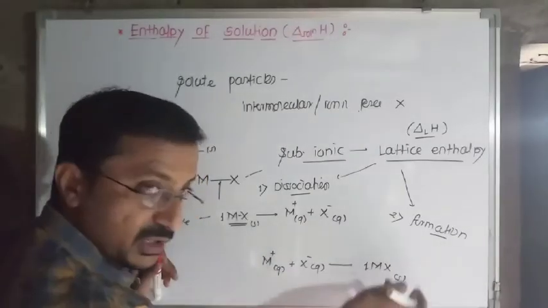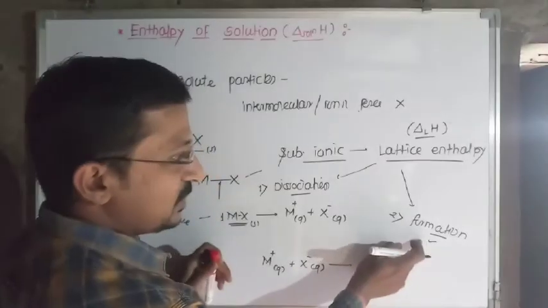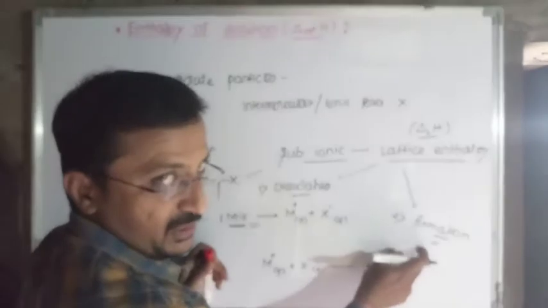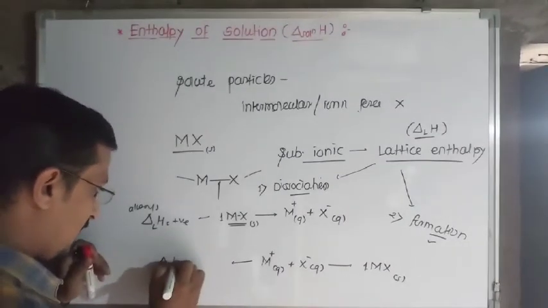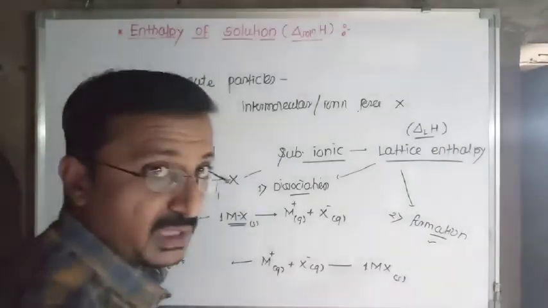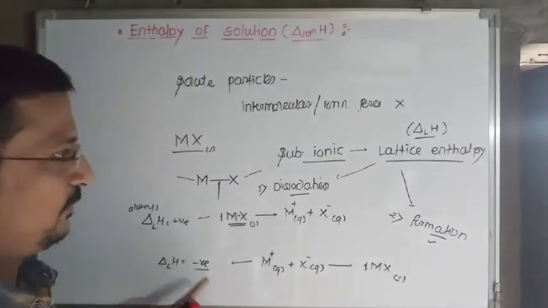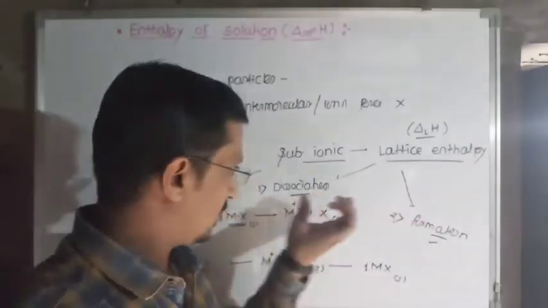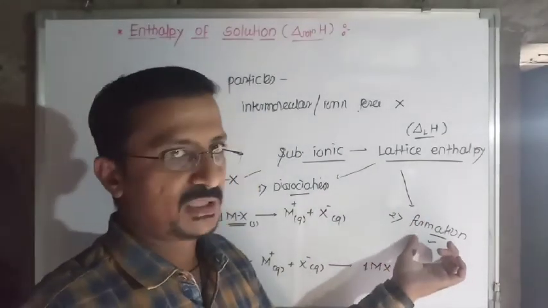That is called the lattice enthalpy of formation, and here delta LH is negative, because bond formation is always exothermic, heat energy is given out. So remember well: the enthalpy of dissociation, the lattice dissociation enthalpy, and the formation enthalpy.